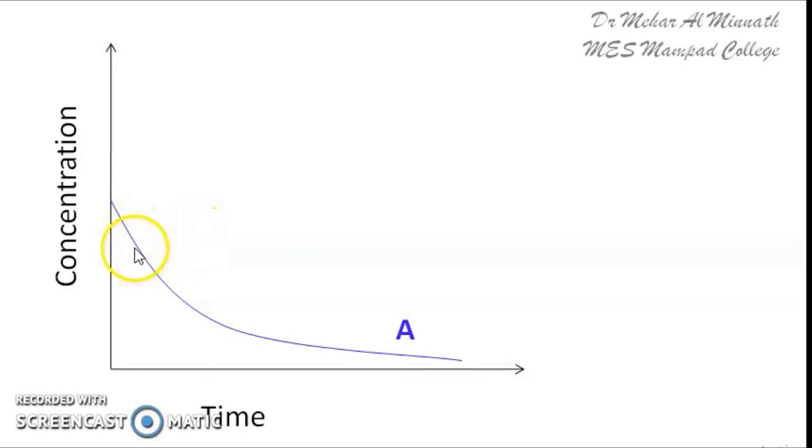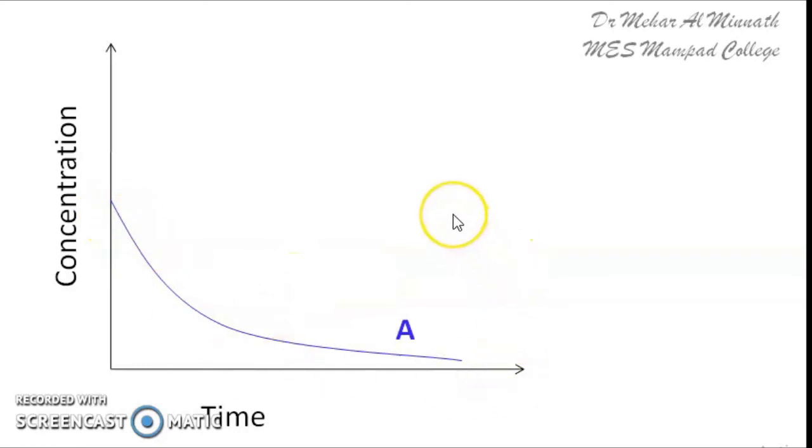So at the first 5 minutes, you take up the aliquot, 2 ml of the reaction mixture from the reaction pot, and titrate it against the known base. Mark the concentration. After another 5 minutes, that is, when time is 10 minutes, repeat the experiment. Then 15 minutes, 20 minutes, and so on. So you will get a plot like this.